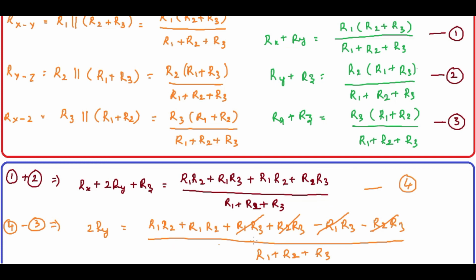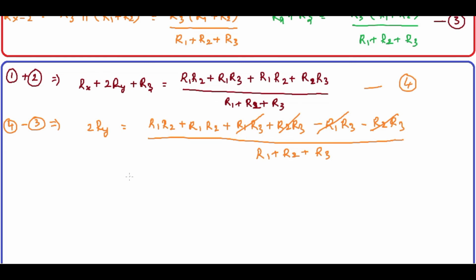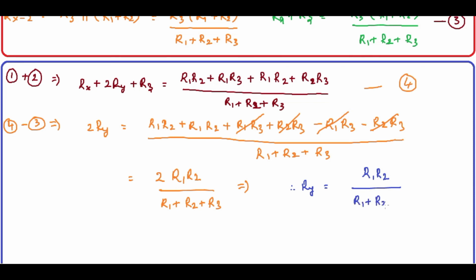So finally it remains 2 times R1 R2 divided by R1 plus R2 plus R3, which implies Ry is equal to R1 R2 divided by R1 plus R2 plus R3. That's all. So this is the final answer.